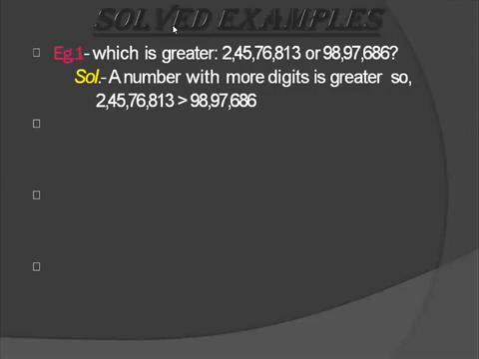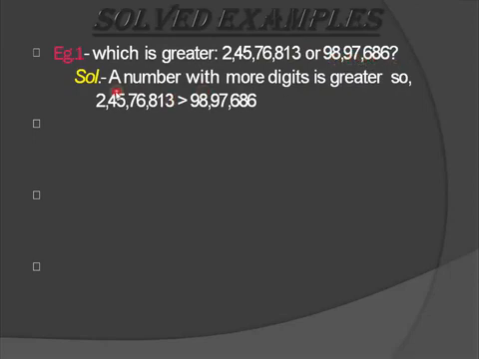Here are some solved examples of how you have to compare the numbers. Example 1: which is greater? Here the question is given, and you have to compare whether it is greater than or lesser than. You can read this number as 2 crore 45 lakh 76,813 or 98 lakh 97,686.